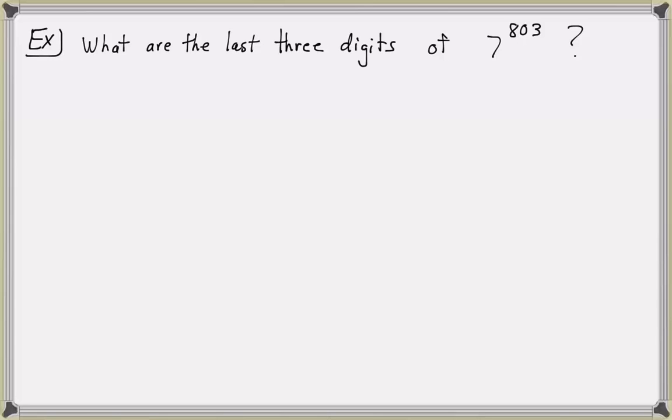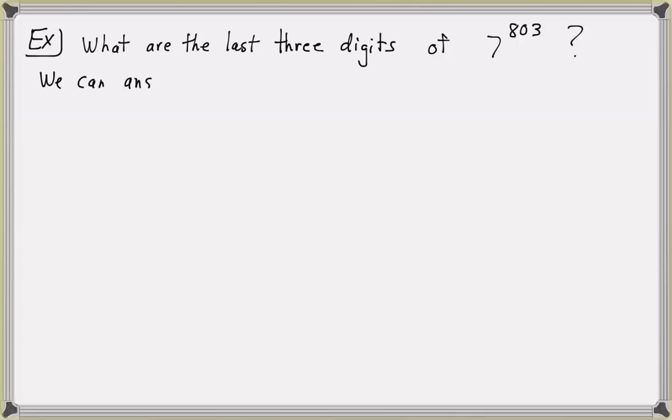So if you try to multiply 7 to the power 803 on a calculator, you would definitely not be able to look at the last 3 digits. It would give you some kind of decimal approximation in scientific notation. Well, using number theory, we can answer this question by looking at 7 to the power 803 mod 1000. So the last 3 digits would be the remainder when this number is divided by 1,000.